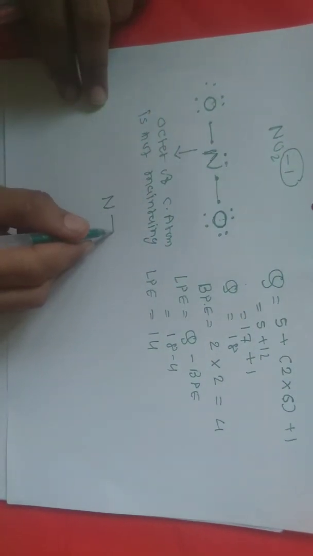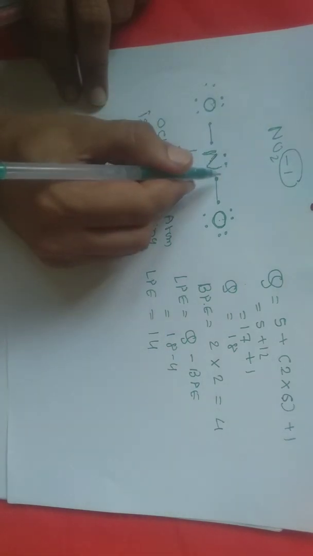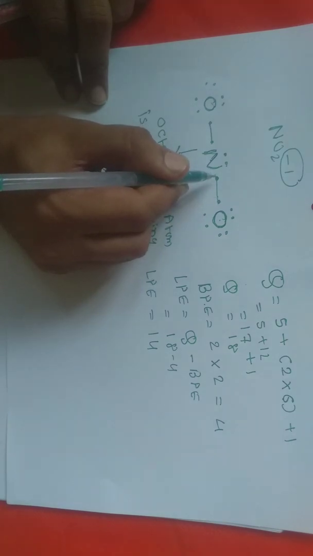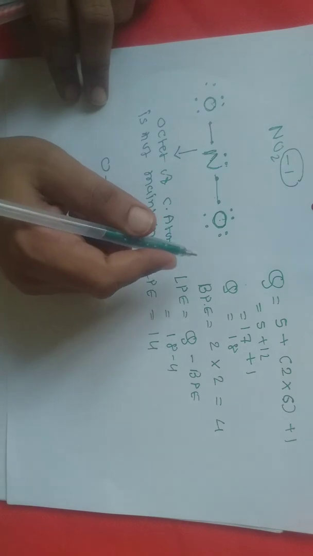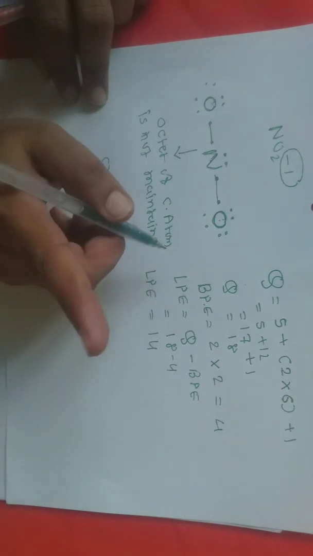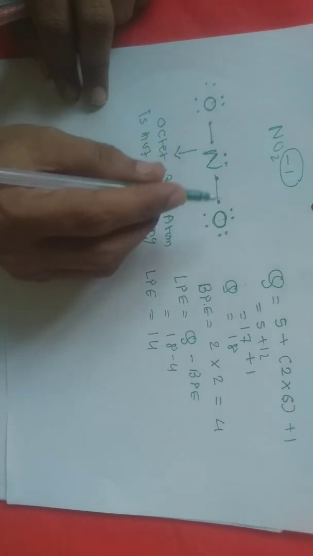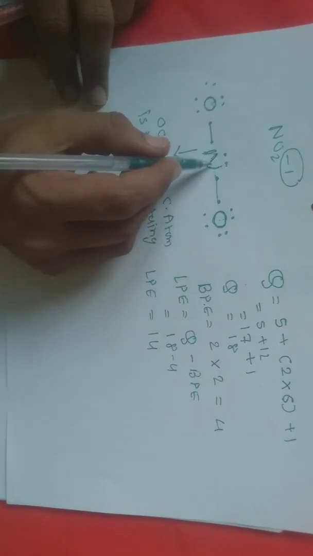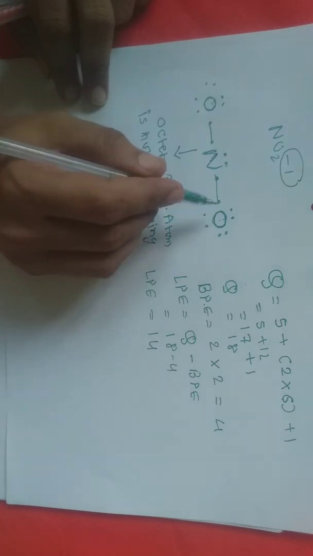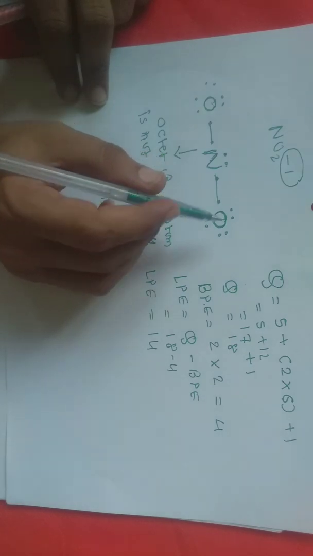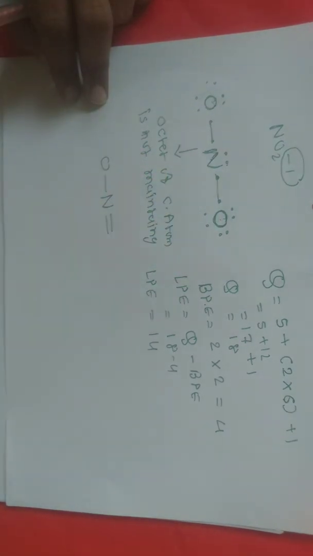So I will put here a double bond and here a single bond. Once I put a double bond here, I have to use the lone pair of the corner atom. Remember, this is the thumb rule. Whenever you are maintaining the valency or the octet of the center atom, you have to use the lone pair electrons for making the double bond and triple bond, and those lone pair electrons must be of a corner atom.